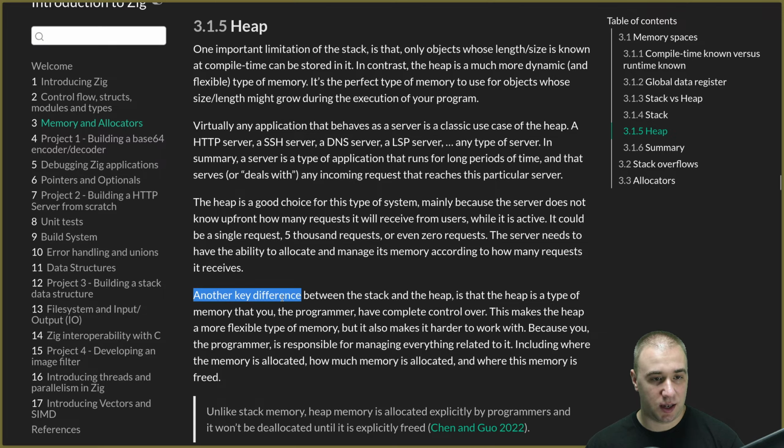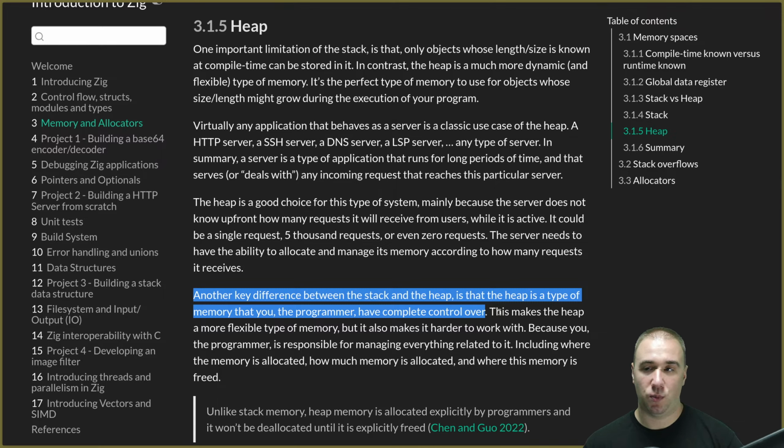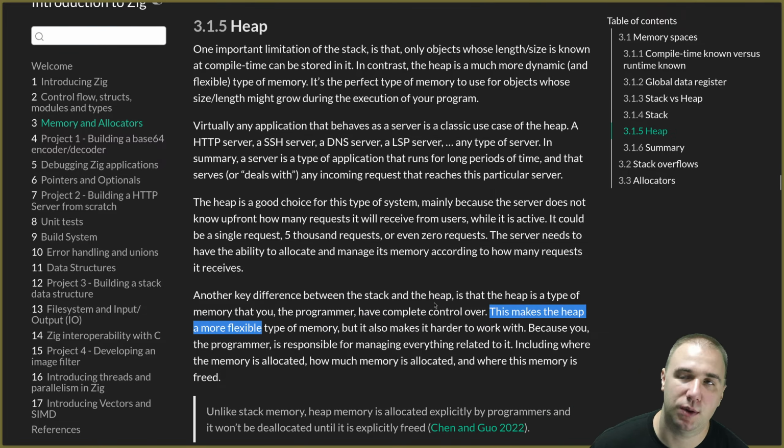Yep. Another key difference between the stack and heap is that the heap is a type of memory that you, the programmer, have complete control over. Yep, with the stack we don't really have much control, at least not precise control. It's the compiler that manages it mostly. With the heap we can just allocate and do whatever we want.